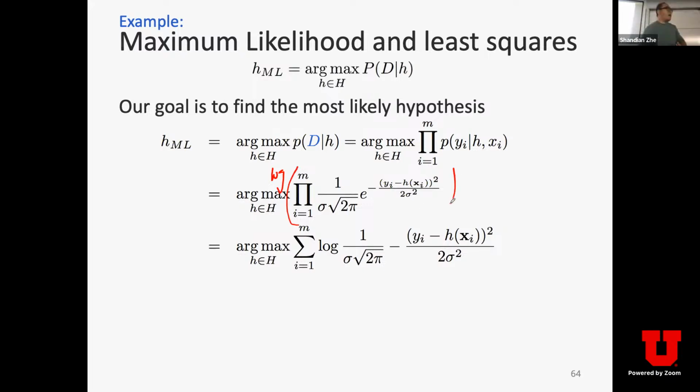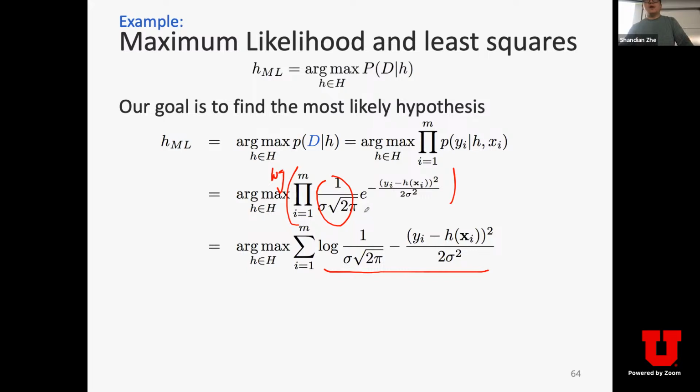We know the log of a product is a summation of the logs, so we change the product to a sum and apply the logarithm over each Gaussian density, which can be written as the logarithm of this normalization constant subtracted by the logarithm of the exponential to some power.